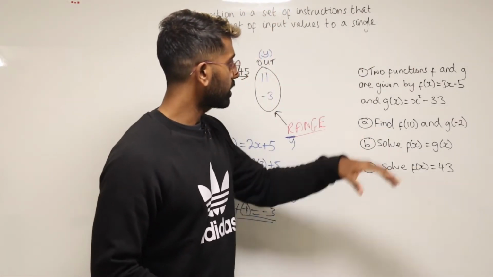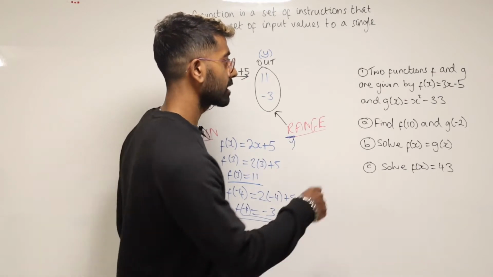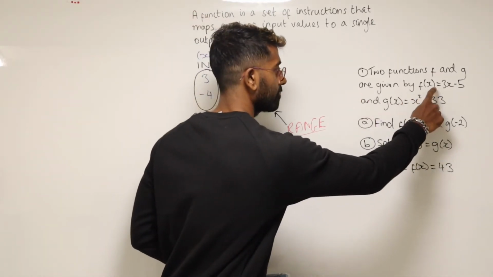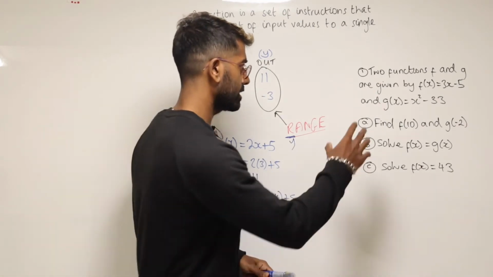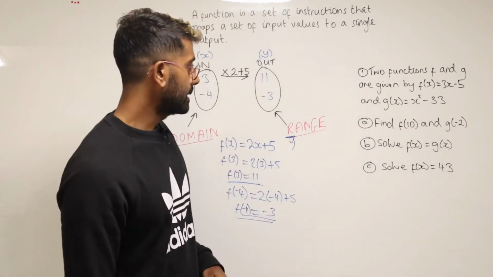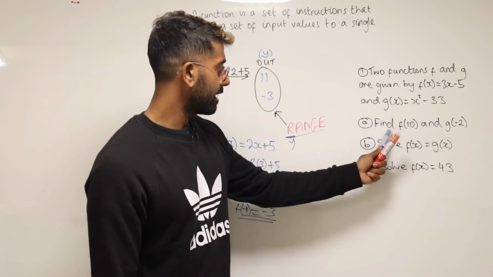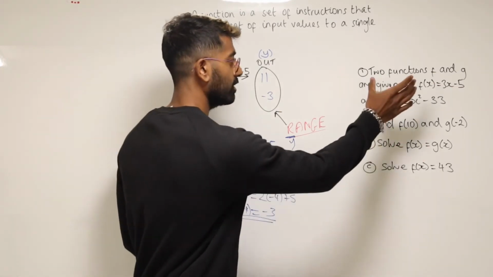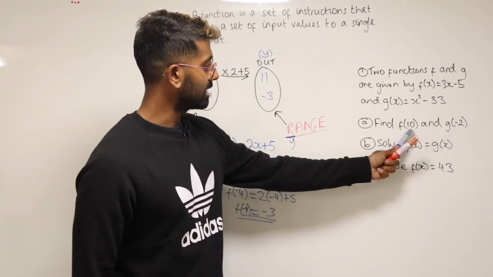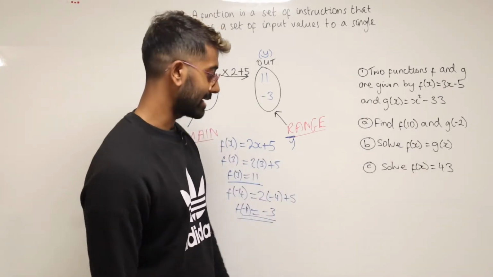We've got 2 functions, f and g, and they're given by this: f of x is 3x minus 5, and g of x is x squared minus 33. What we've got to do first of all is find f of 10. What does that mean? Well, we need to get our function f and substitute 10 into there as x.